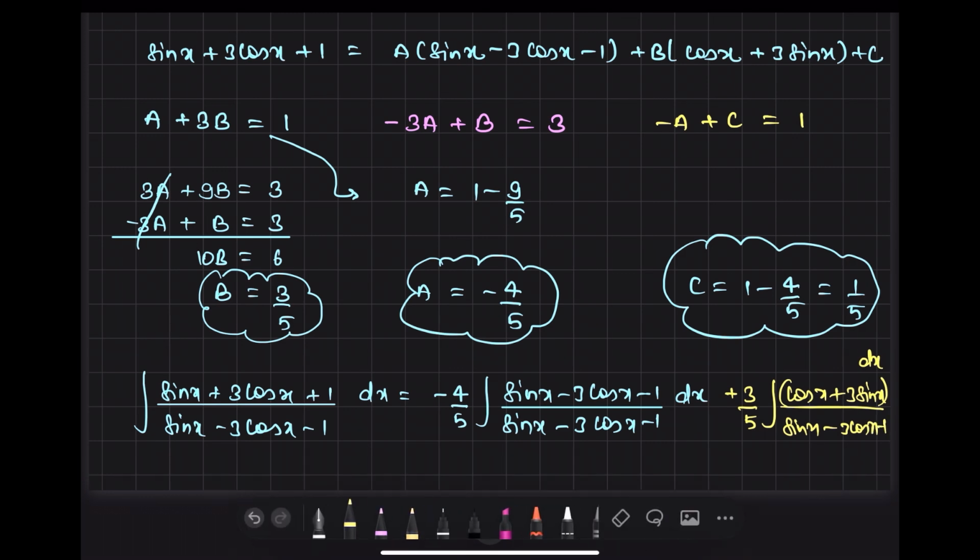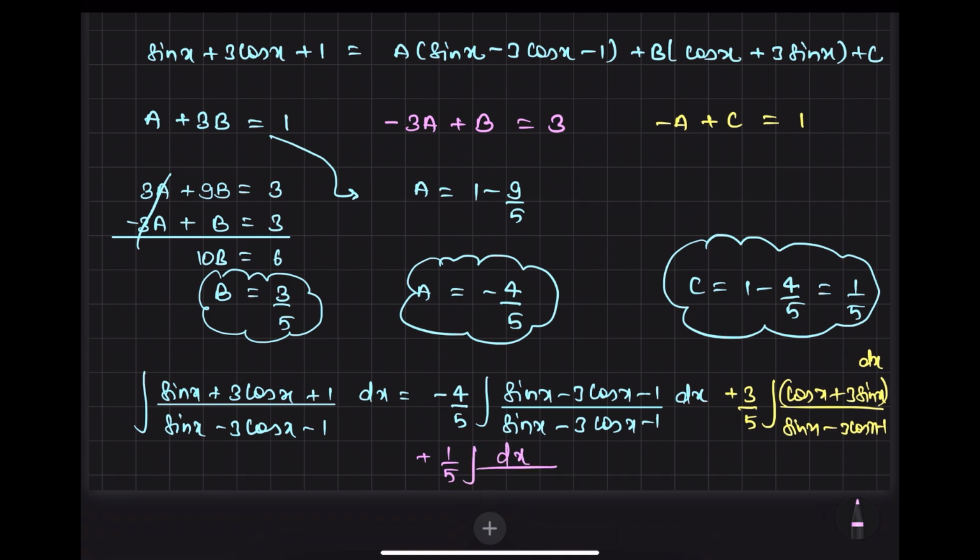And then the constant component c is plus 1 by 5 times the integral of dx by sin x minus 3 cos x minus 1.